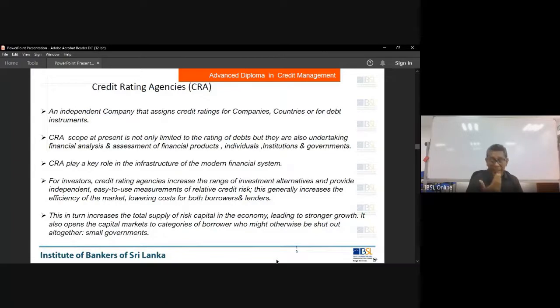And the three leading international credit rating bodies, basically Standard and Poor's, Fitch, and Moody's, are the three leading rating agencies in the world now, right? I think you may be aware. We have around 75 credit rating agencies in the world at the moment.